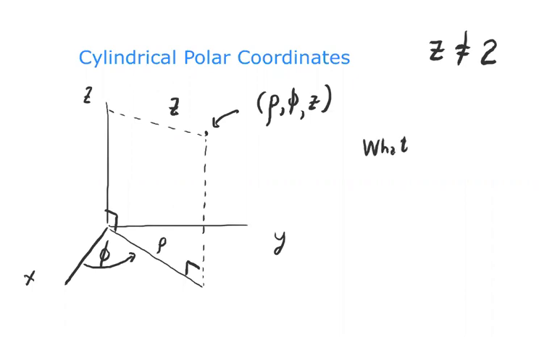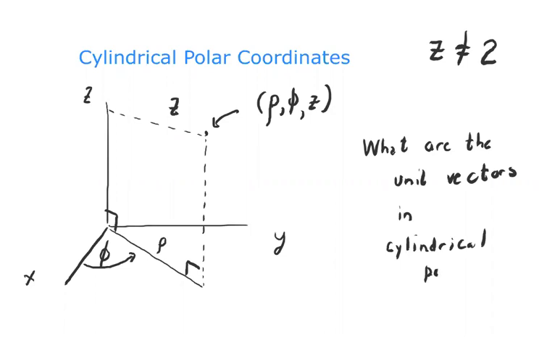So the next question I'd like to ask is, like I asked before, what are the unit vectors in cylindrical polar coordinates? Now you'll see why I went to the trouble of using this notation of rho and phi.